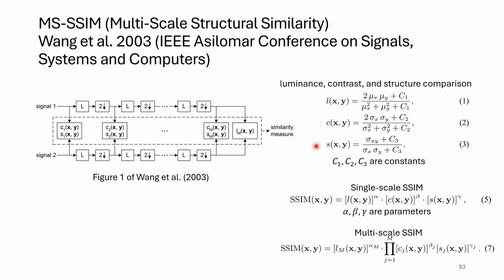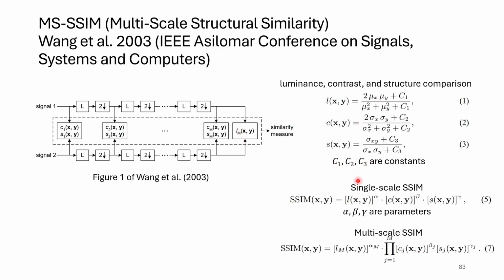You can also compute the structures for the input image, which become the mean and the standard deviation. This is the first layer, and you can downsample them to smaller layers and compute their contrast and structure. So you can do it layer by layer.